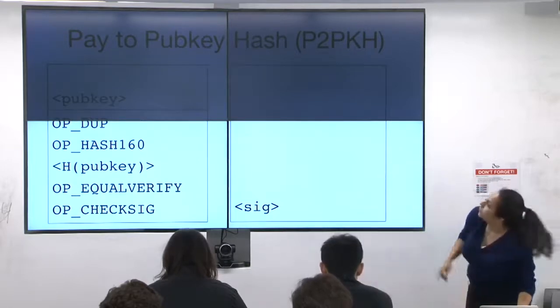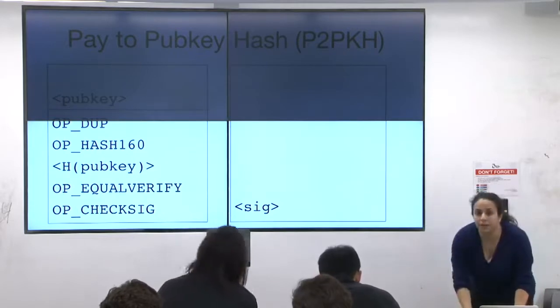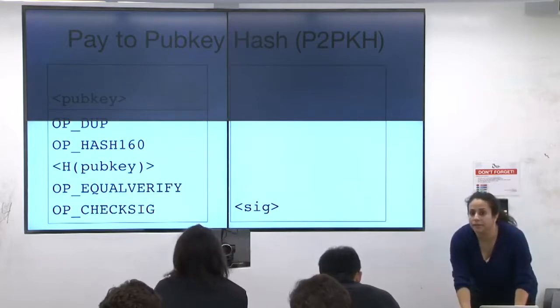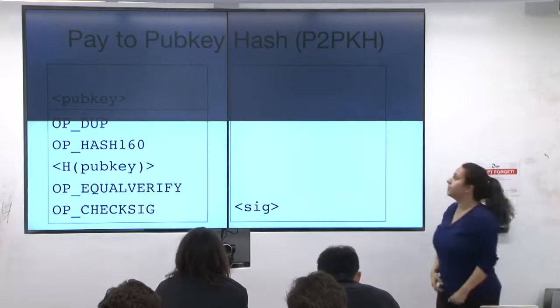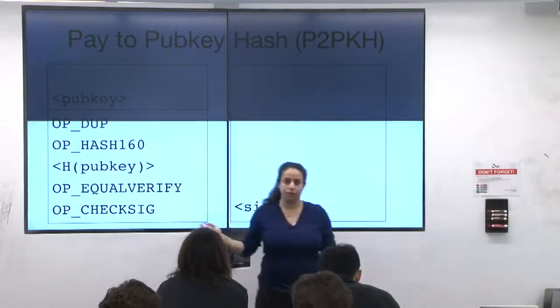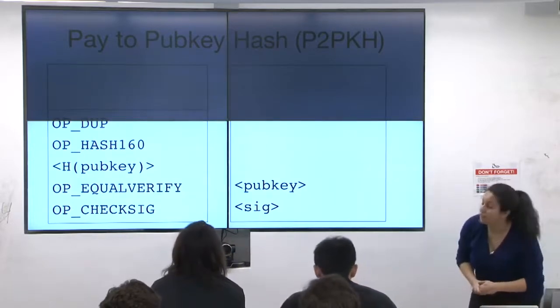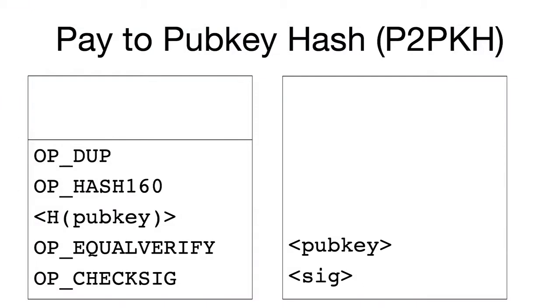So the first thing is a signature. We're going to push it onto the stack because it is a constant. This would be the signature that Alice might produce in order to spend her output. Then same thing with the pub key, because the pub key is also a constant.